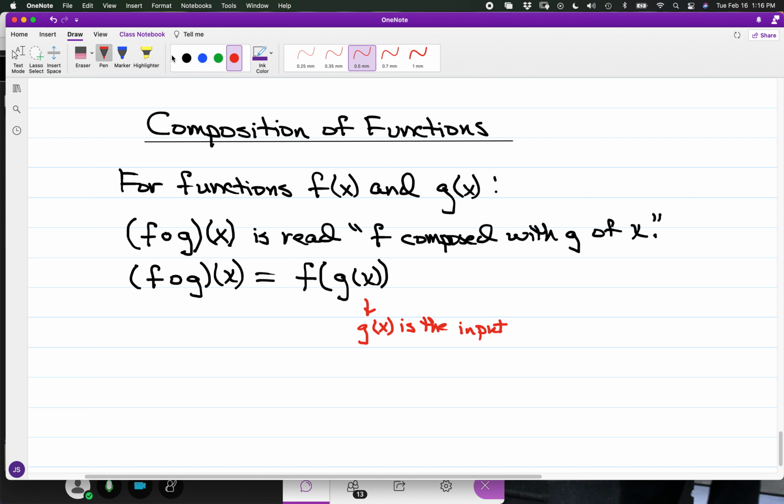And what is going to be f at the moment? Okay, so f is just going to be the output.